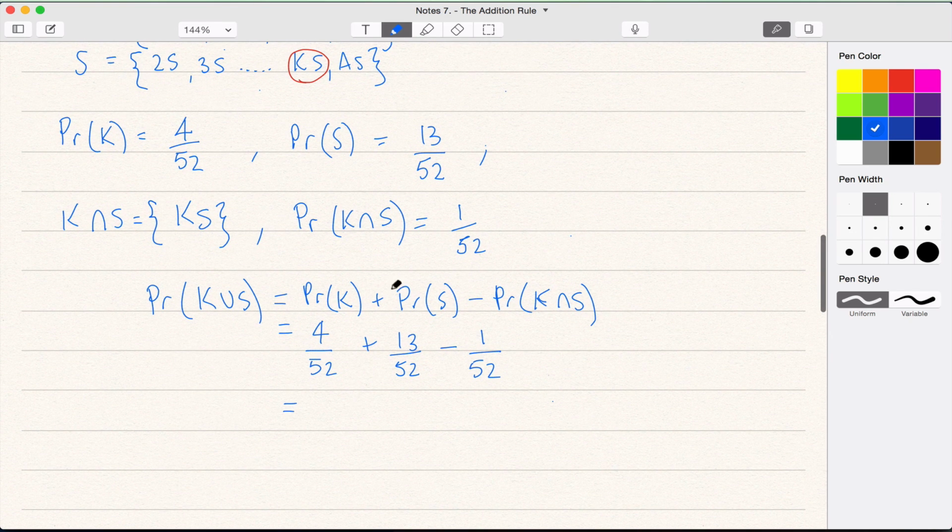And this is why I've left them all out of 52, because it's a ton easier to go 4 plus 13 minus 1, which is 16, and the whole thing is over 52.